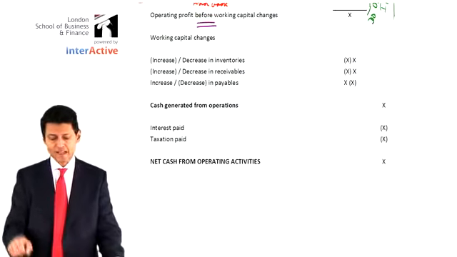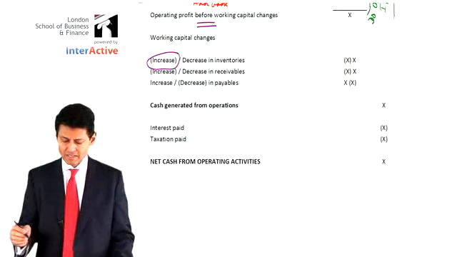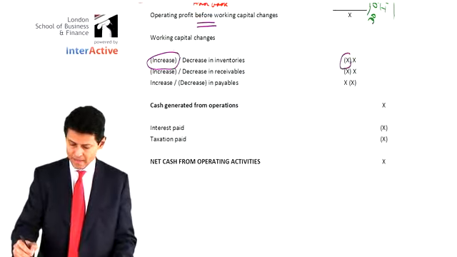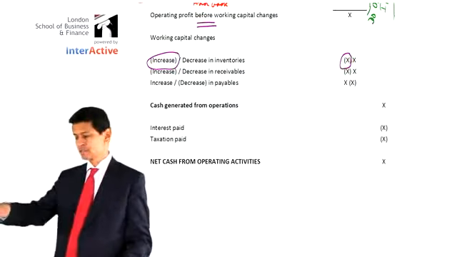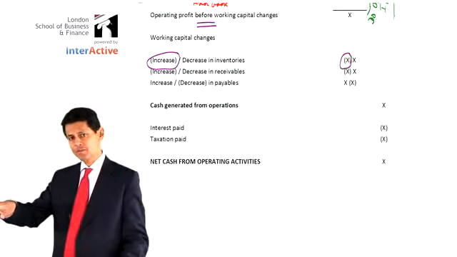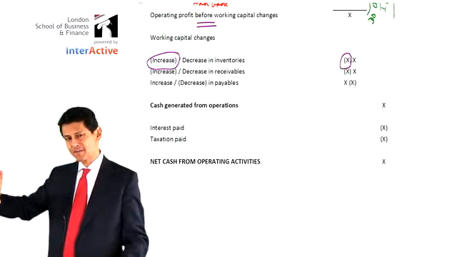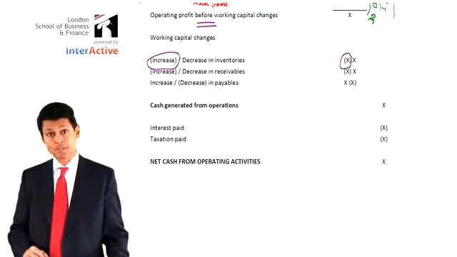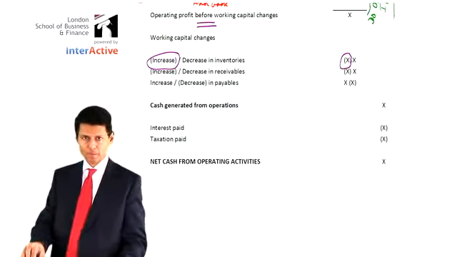So let's concentrate on the fact that there may be an increase in inventories. That, of course, ends up as a bracketed item. Why is that? You had $1,000 worth of inventory, is now worth 1,500. The additional 500 is simply money you've spent to buy some more inventory. Hence the use of brackets as an outflow. Very, very straightforward.